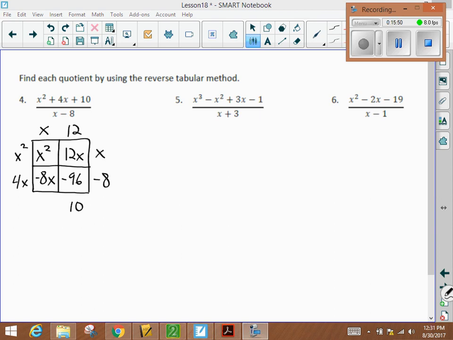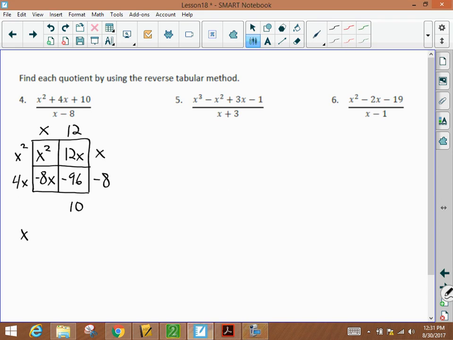If that doesn't pop into your head right away, just set this up. Hey, x plus negative 96 equals 10, right? You're going to add 96 to both sides, and you wind up with x equals 106. So that means that your remainder is 106.